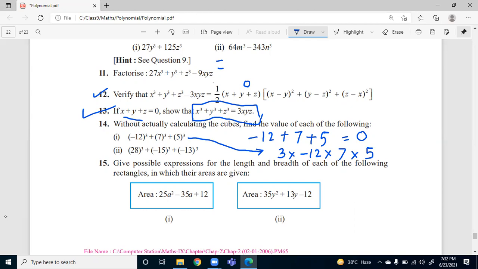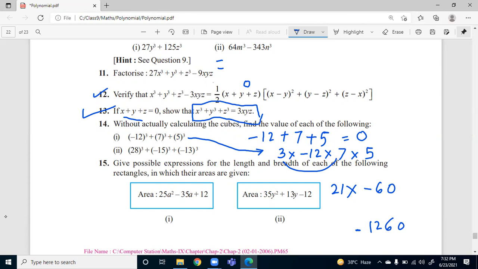I have done the calculation. 3 times 7 is 21, and 12 times 5 is 60. If you further do it, it is minus 1260. Ma'am, we have to just put the values of x, y, z.